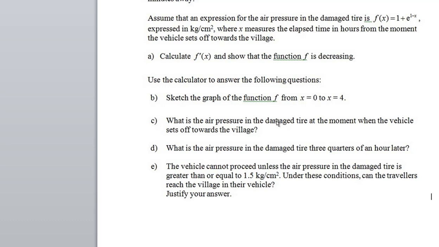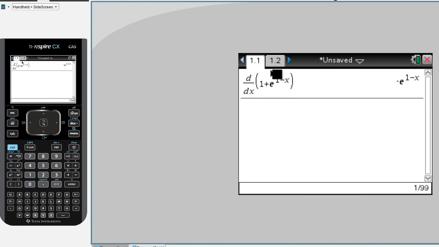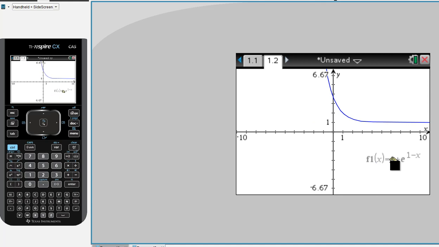What is the air pressure in the damaged tire at the moment when the vehicle sets off towards the village? So this formula begins when time, or x, the time variable, is 0. Let's go back to this one, and remember, we already defined the f1 function.